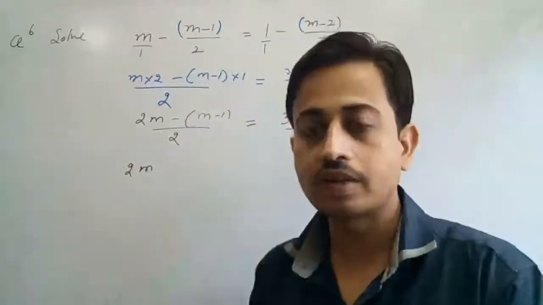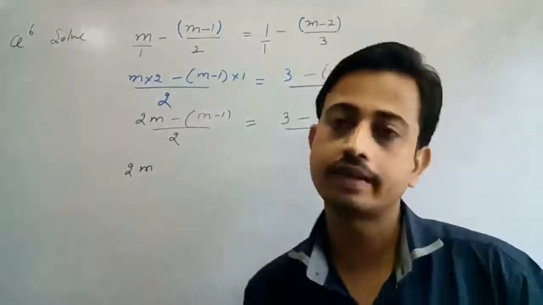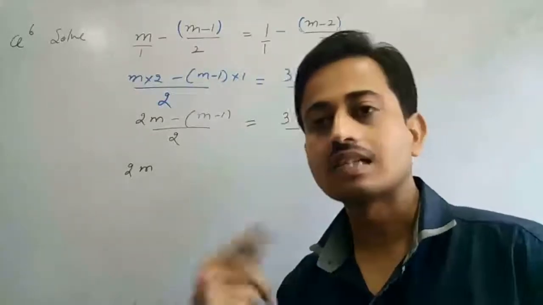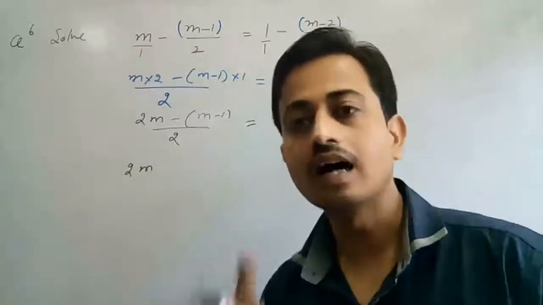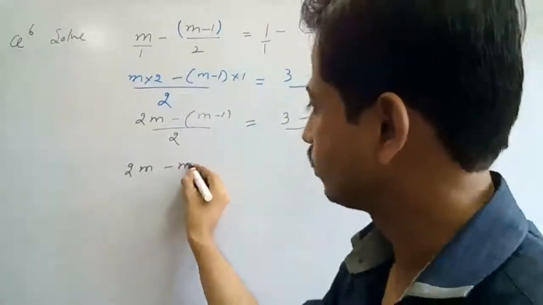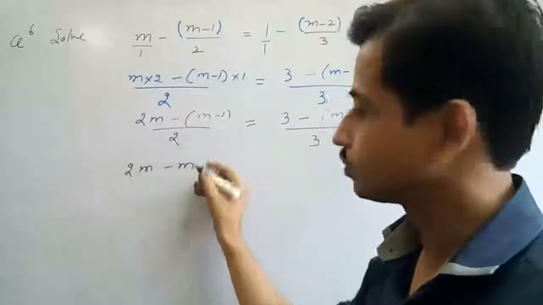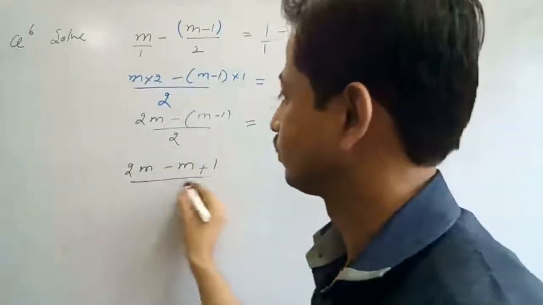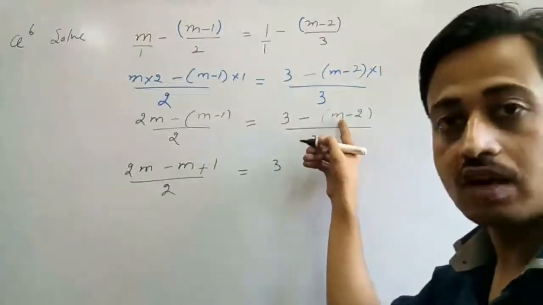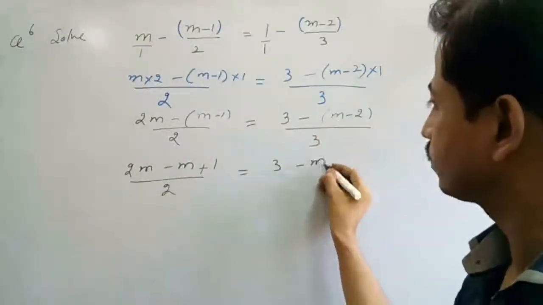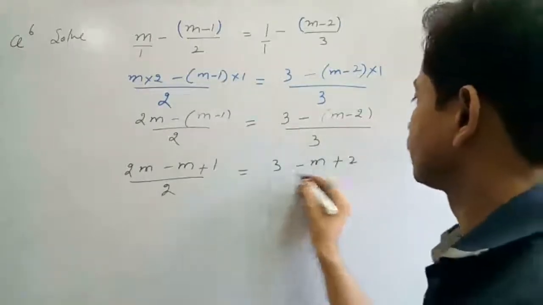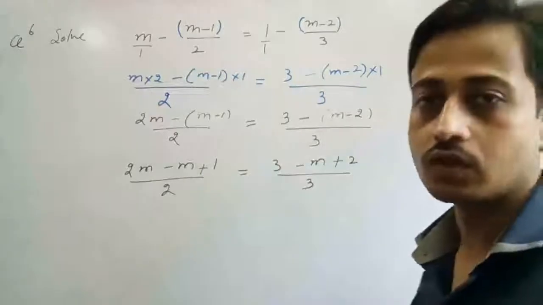We have to open the bracket, and whenever we open the bracket and the term has a negative sign before it, we have to change the sign of all terms inside the brackets. So here the m is positive, we have to make it negative. Here the 1 is negative, so we have to make it positive. Same here. The sign of m is positive, we have to make it negative. The sign of 2 is negative, we have to make it positive. Divide by 3.